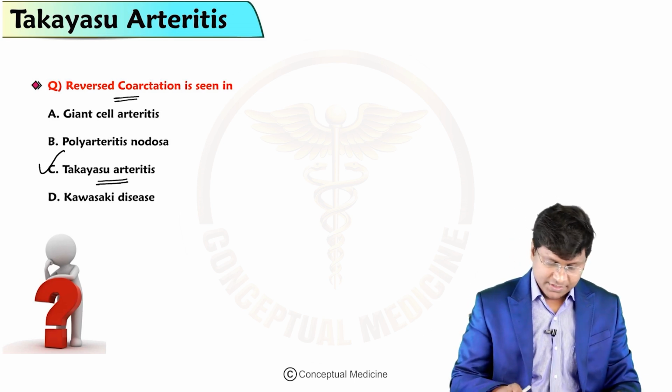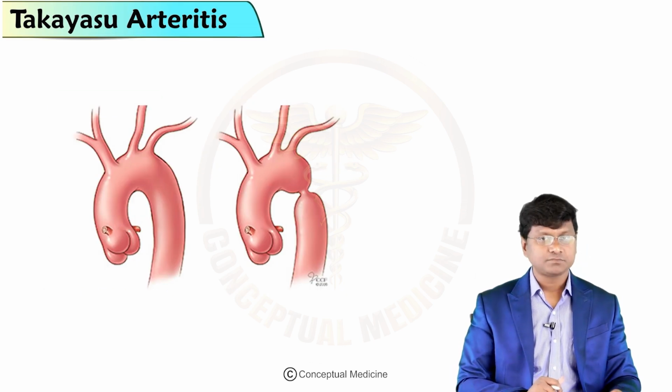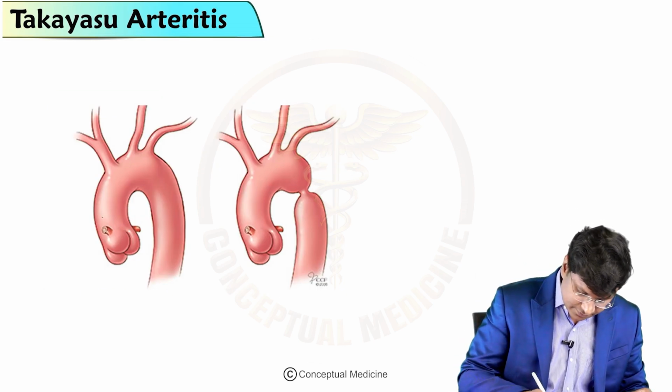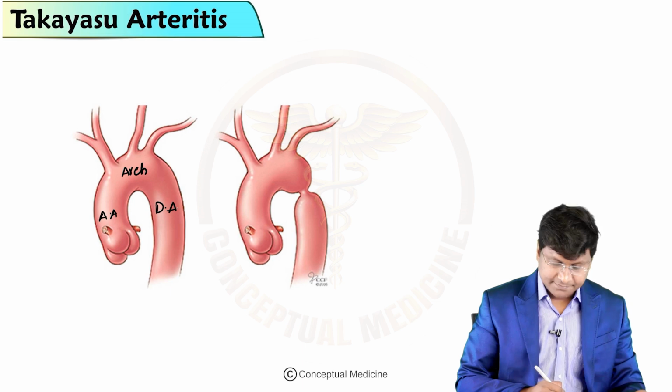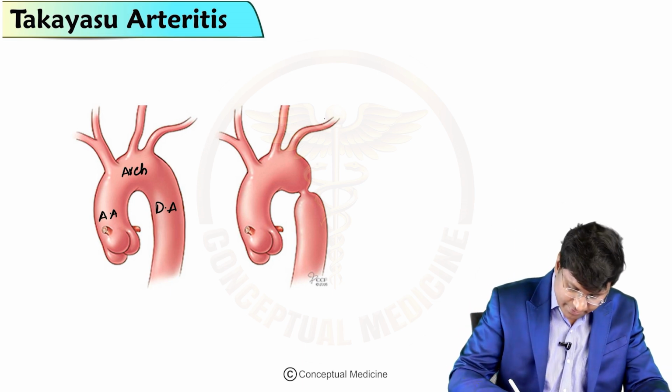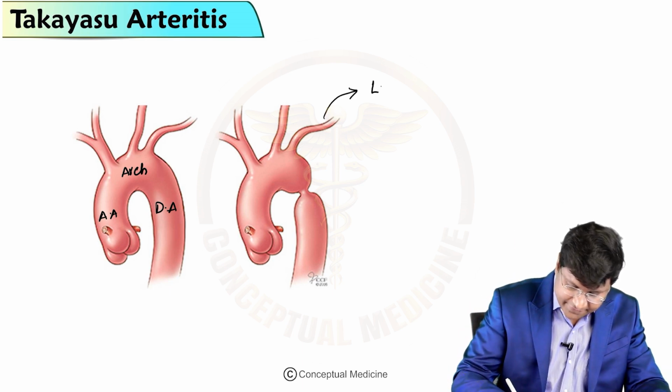Let me explain. If you see, this is the ascending aorta, this will be the arch of aorta, then we have the descending aorta, and this will be your left subclavian artery.